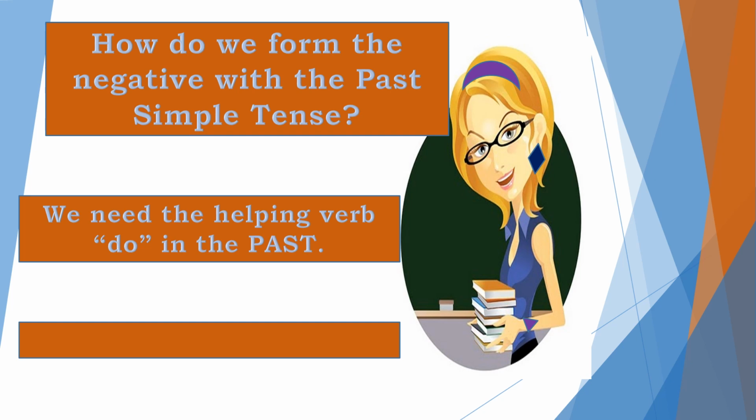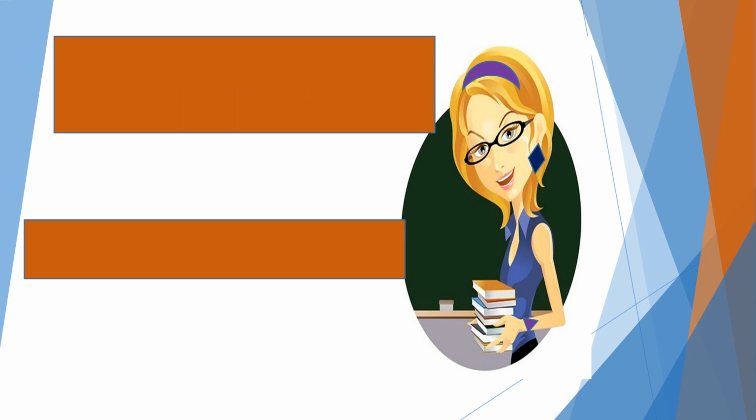This is where I add not to this verb to do. But here we are going to use the past, so we need the verb to do in the past. So the past of do is did. So instead of using do or does, with the past simple tense we use did. Let's have a look at it.